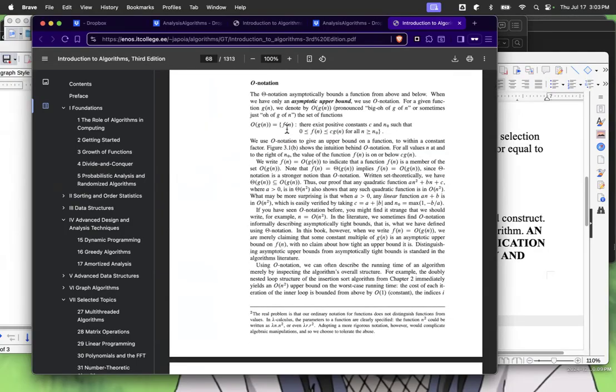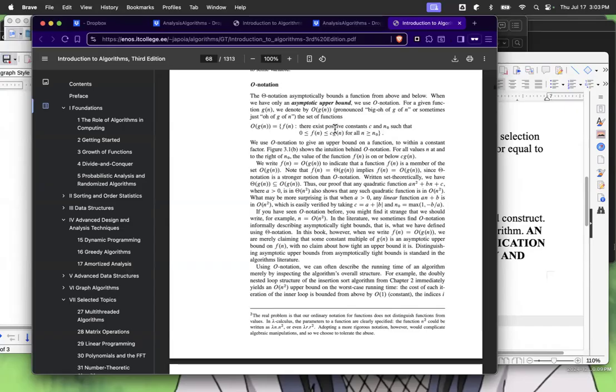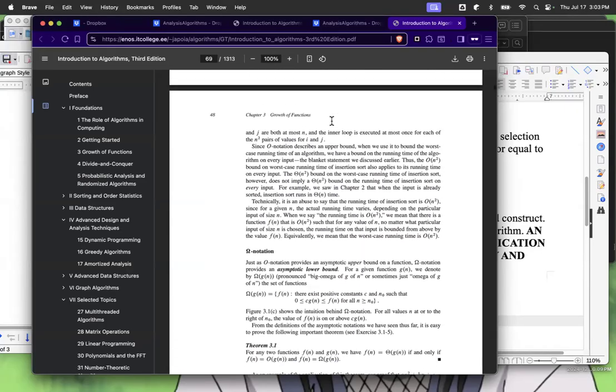O notation. We say that O of G of N equals F of N such that there exist positive constants C and N naught such that F of N is between 0 and C times G of N for all N greater than or equal to N naught. So if you had to find the N naught as well as C, could you? Let's work on an example.